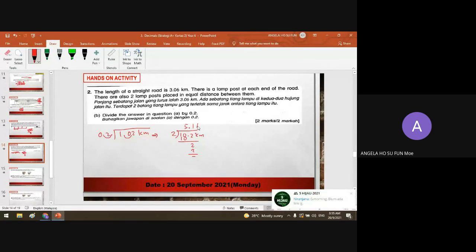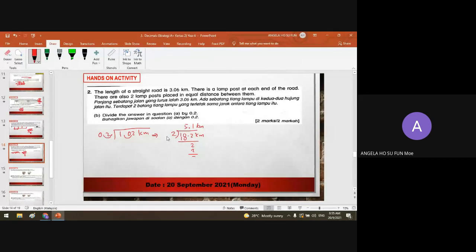This skill you must learn. If you haven't mastered this skill, please look at it properly. You just shift the decimal point to the back, so it becomes not 0.2 but 2. And when you shift 1 time, the number you want to divide, you need to shift also, so that it balances out. So instead of 1.02 divided by 0.2, it becomes 10.2 divided by 2.